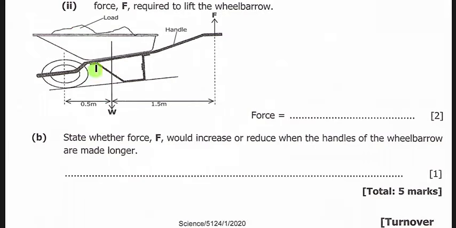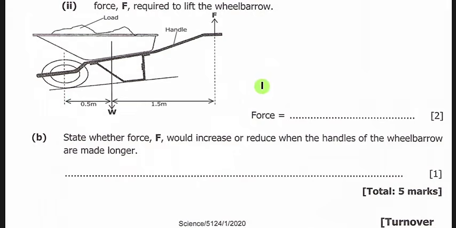So this becomes an equilibrium problem, where the upward force times its distance from the pivot is the same as the weight acting downward times its distance from the pivot.